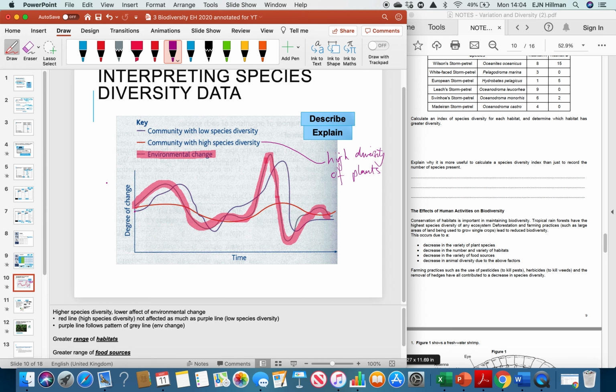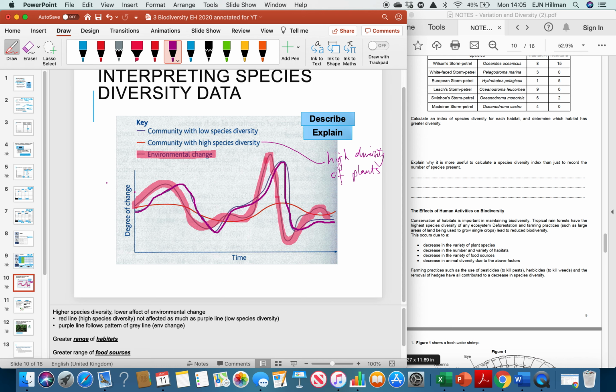Okay, that purple line here, we can see it follows the pattern of the environmental change quite closely. That's not perfect, is it? But it follows the pattern of the environmental change.